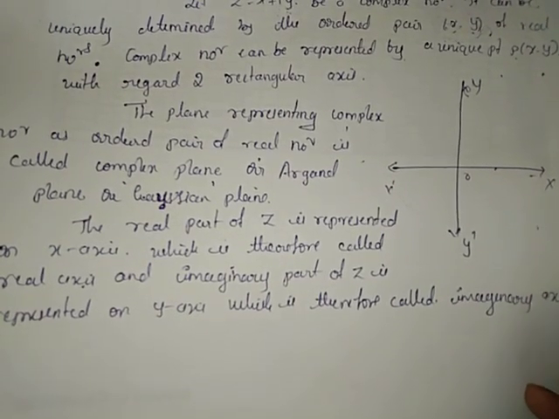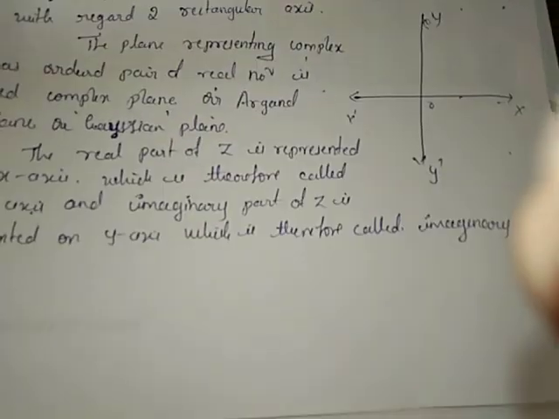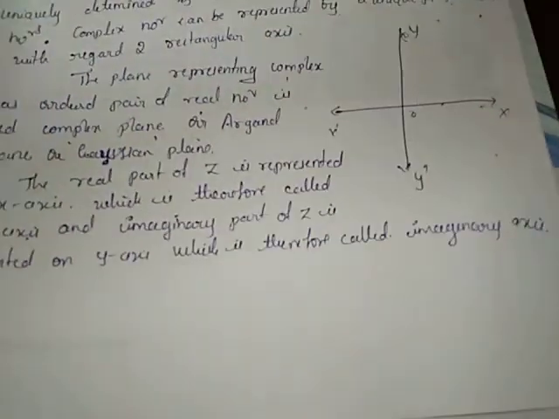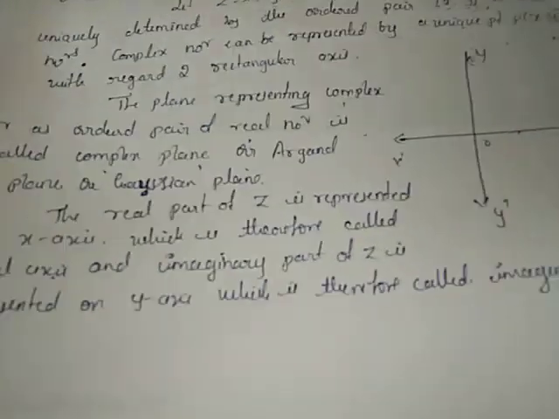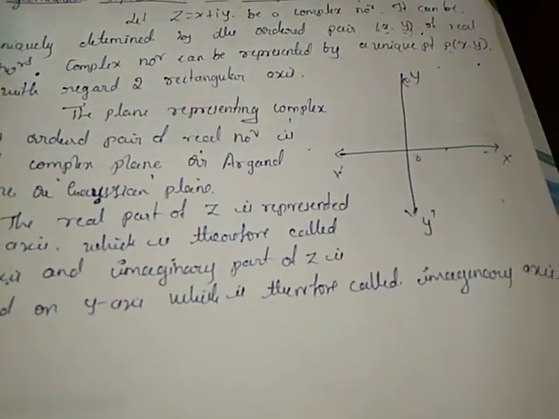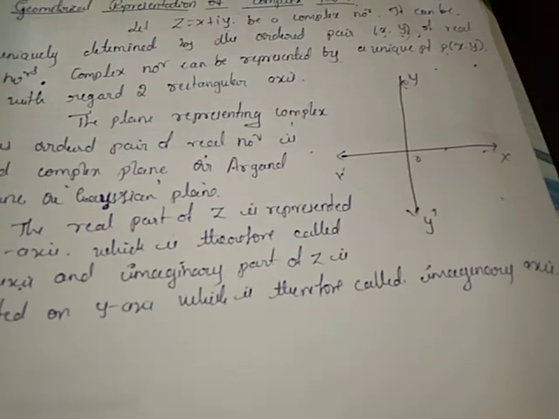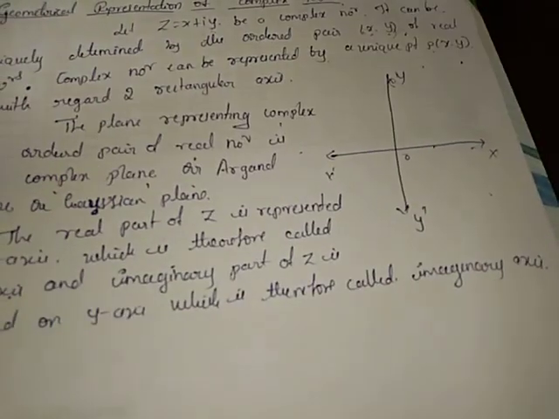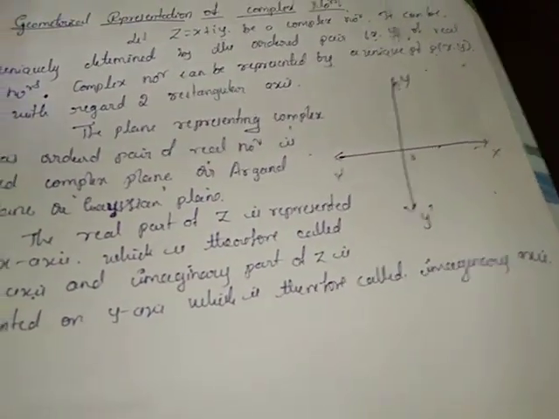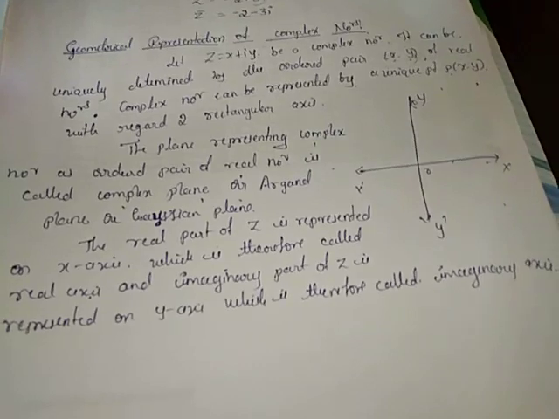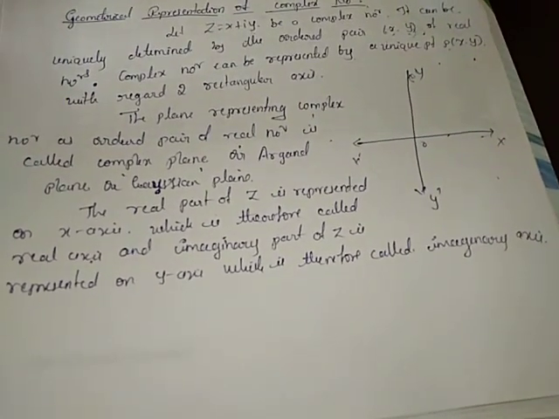If we represent the complex number as an ordered pair of real numbers in the plane, that plane is called the complex plane or Argand plane or Gaussian plane.